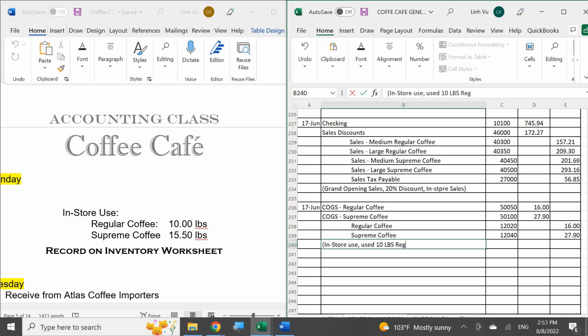In this case, not necessarily, because we have a place to put that. So I'm just going to put in-store use. If you want to put it in there, that's up to you. Because again, we could put that in our ledger. Our ledger is going to make a lot more sense with this. In this case, I can just recognize that I used these pounds in store.